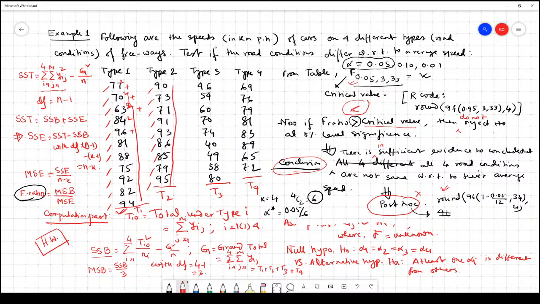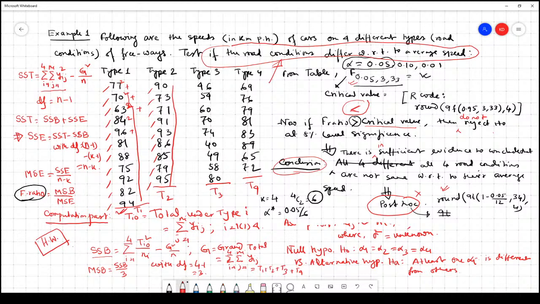Because our claim, which is your research hypothesis, is that the load conditions differ with respect to average speed. So this data does not provide sufficient evidence to accept this claim. Since we fail to reject H naught, this means we do not perform the post-hoc test.